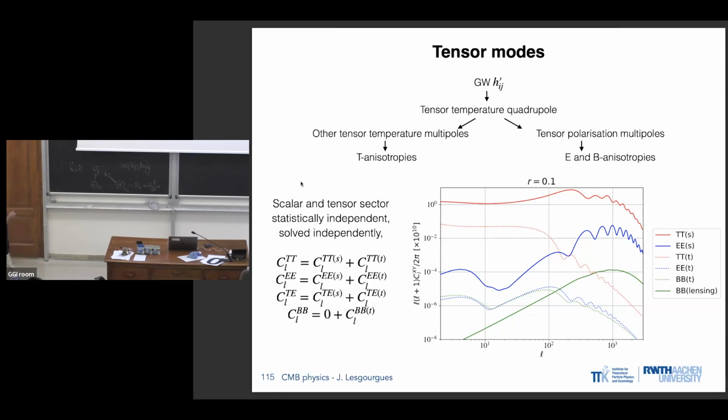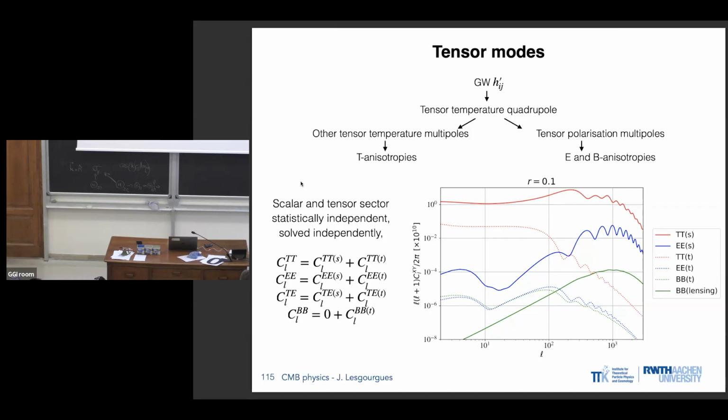And the next thing you can do is go to the E mode. And for the E mode, there is a similar situation. For small l, the scalar contribution and the tensor contribution follow each other, but then the tensor contribution drops down. So you can try to do the same separation, but you will not get something more sensitive.